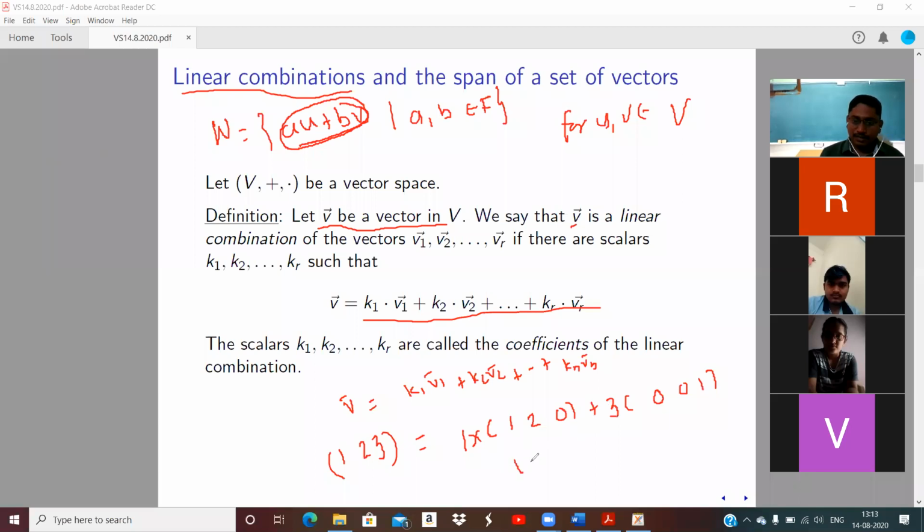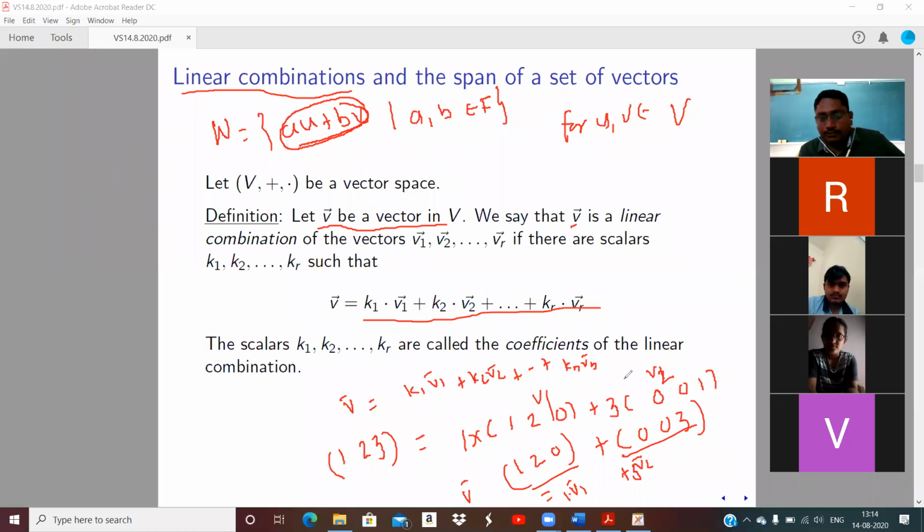So (1, 2, 3) is a linear combination of these two vectors. You may call them v1 bar and v2 bar, and this is your vector v. Here the scalars are 1 and 3.